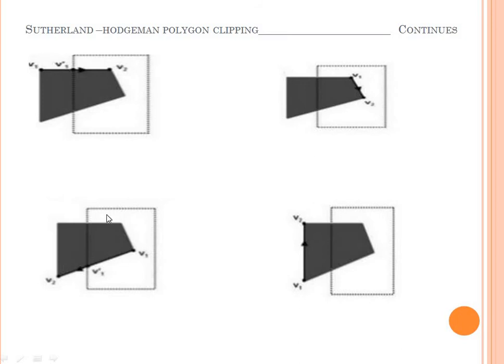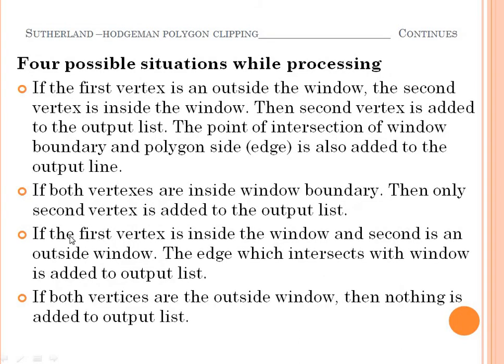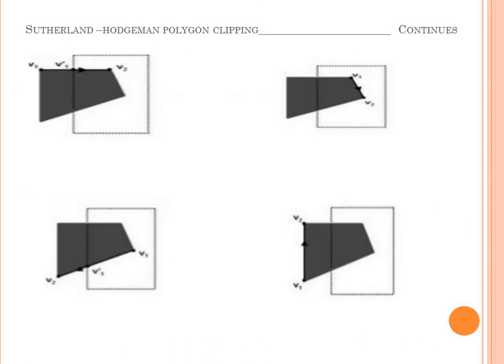Then in the third case, if the first vertex is inside the window and the second is outside the window, the edge which intersects with the window is added to the output list. Here this is the first vertex and the second vertex, that is, the vertex moves from inside to outside.